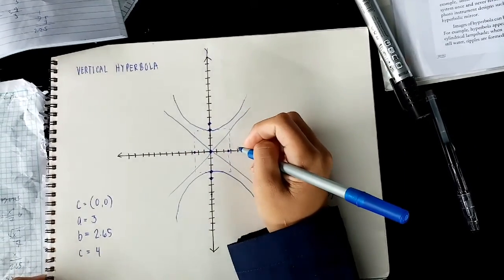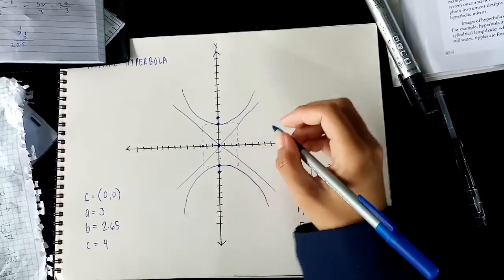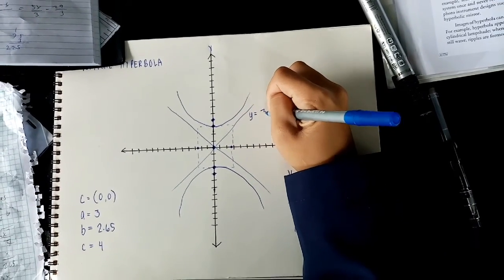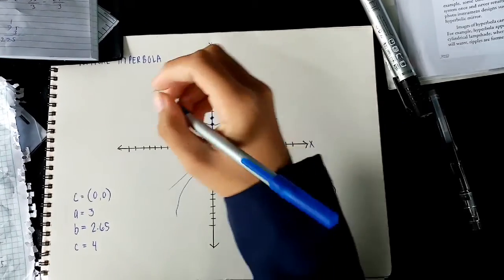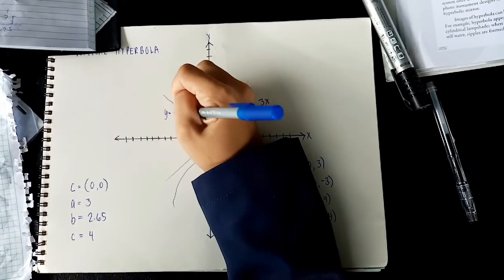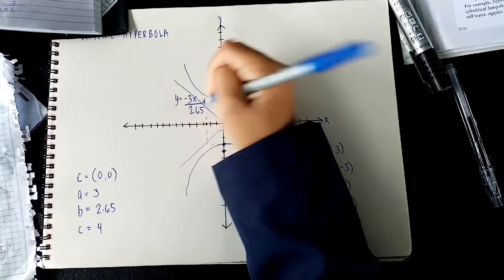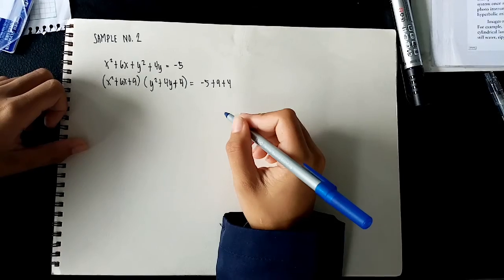That will form an X. That's how we find our vertical hyperbola. Then the asymptotes: we have y equals 3x over 2.65, then y equals negative 3x over 2.65. And that's our vertical hyperbola.